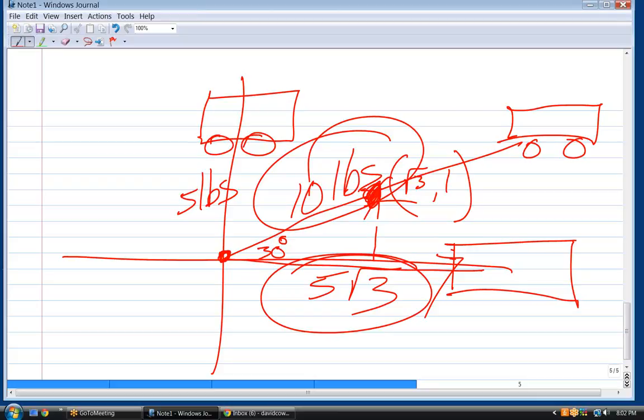And how I got that was by taking this triangle and figuring out what its x component and its y component was.